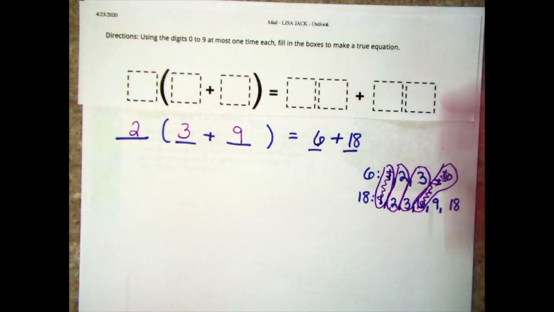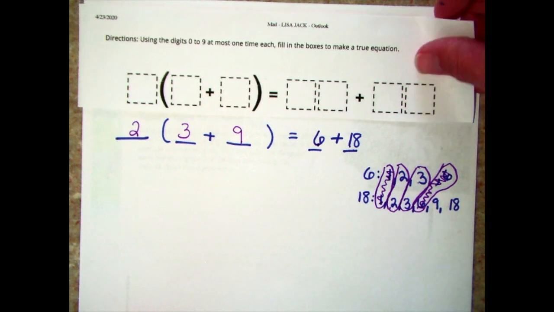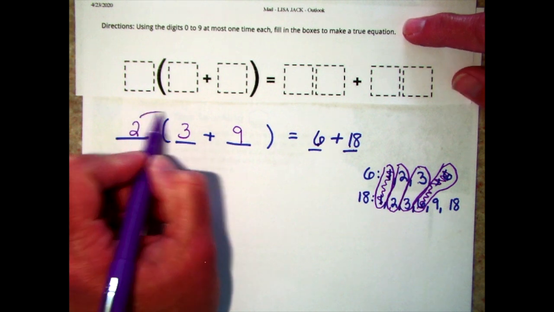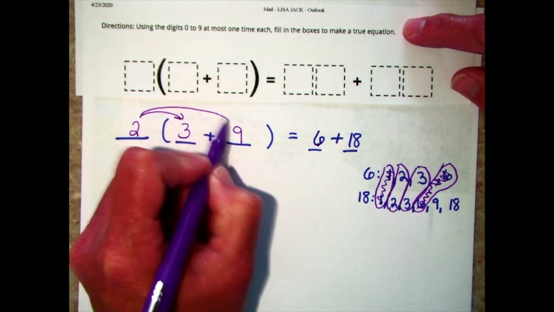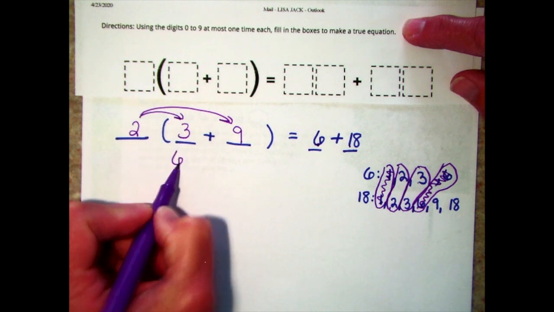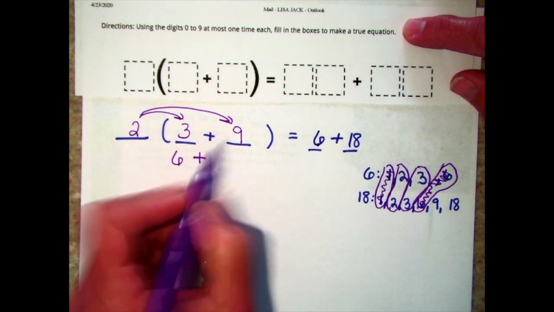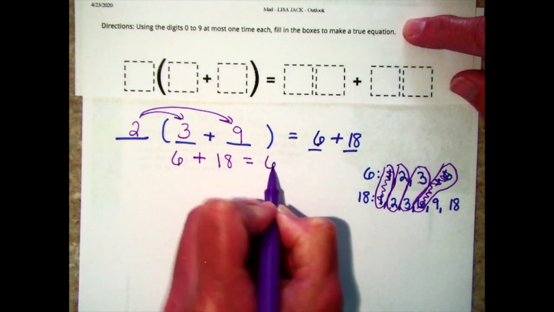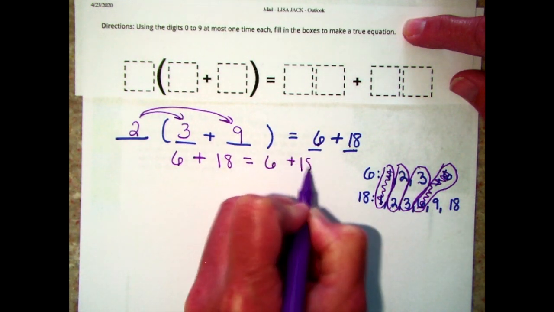So this is called the distributive property. What we've done is we've distributed this 2 to everything inside the parentheses. 2 times 3, 6, plus 2 times 9 is 18. And we want to know, is it equal to 6 plus 18?